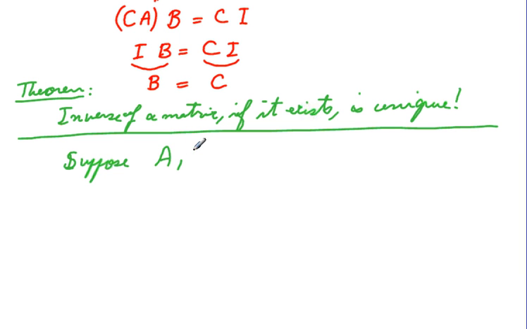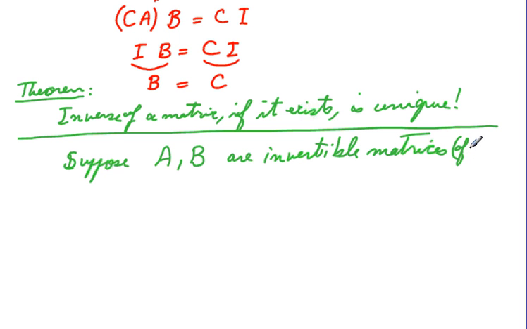Suppose A and B are invertible matrices of the same size. Now we are not going to talk about size anymore. We're just going to assume in the background that everything is taken care of, so that when we are doing things, our matrices do match.